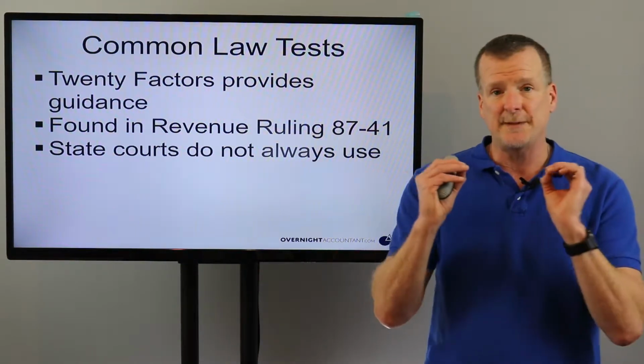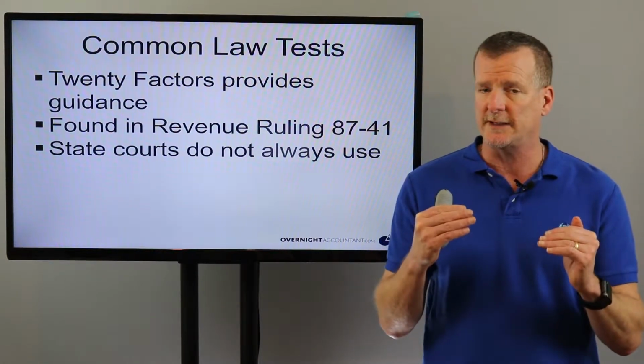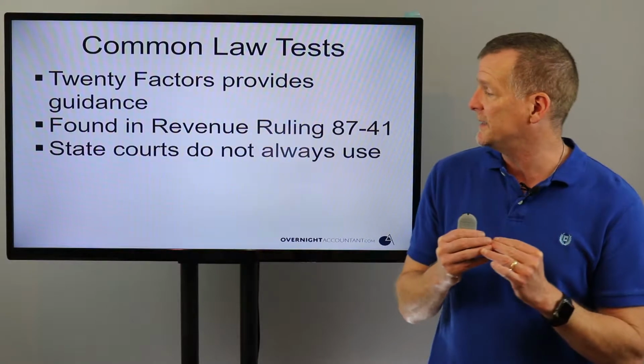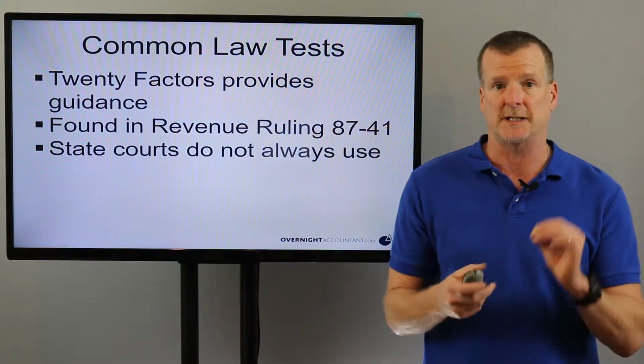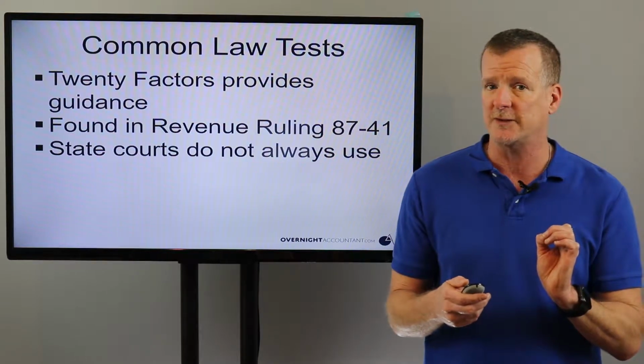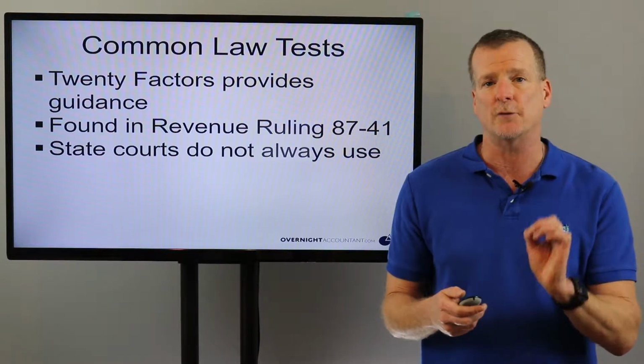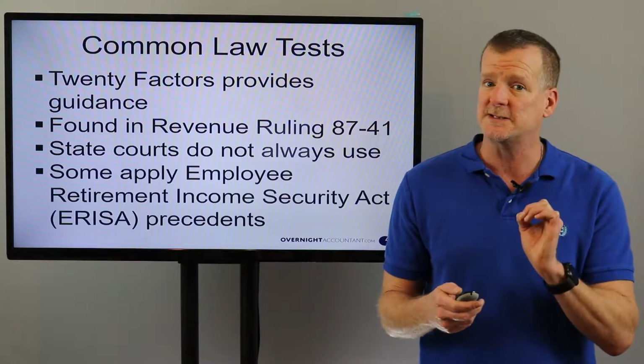Now, I've got to let you know that the gig economy is changing everything here, and many state courts do not always use these. It's becoming more and more common with the states. The IRS may still use these common law factors, or the 20 factors of the common law test. However, many of the states have abandoned them for other tests, mind you.